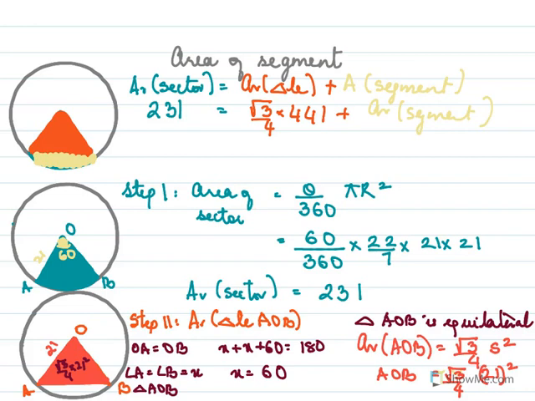So area of segment will be sector, that is 231, minus triangle, root 3 over 4, 441. This will be area of segment.